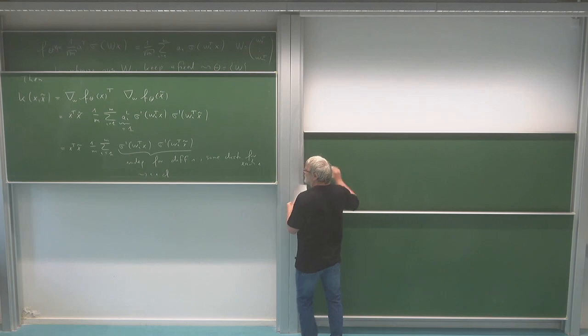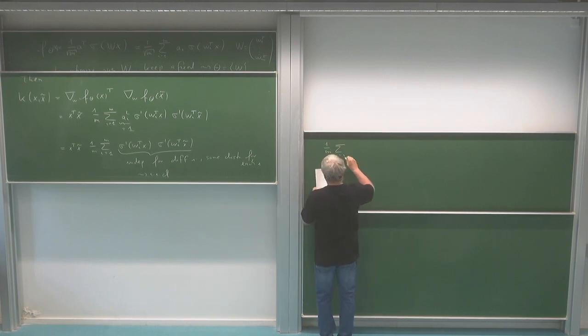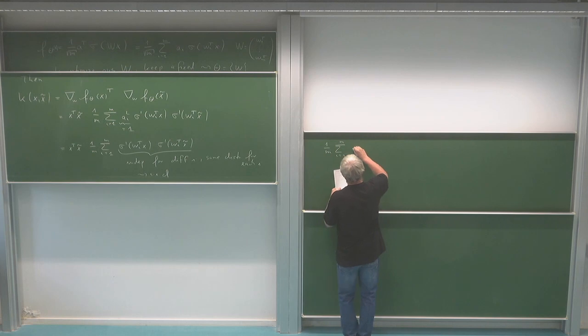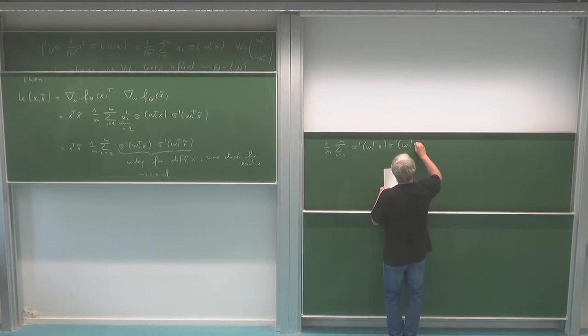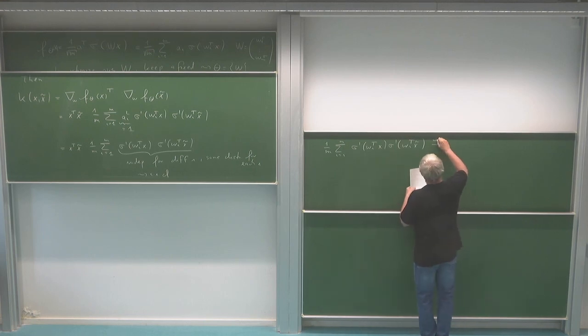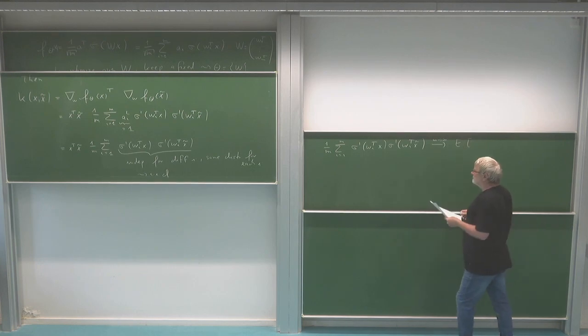So this 1 over m, the sum from 1 up to m, sigma prime of wi transpose x times sigma prime of wi transpose x twiddle, converges, if m goes to infinity, to the expectation of this situation here.